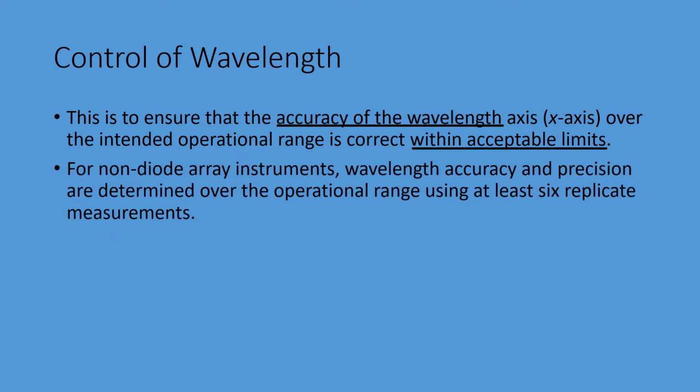For non-diode array instruments, wavelength accuracy and precision are determined over the operational range using at least 6 replicate measurements. Statistically, precision and accuracy are estimated from at least 6 replicate measurements.